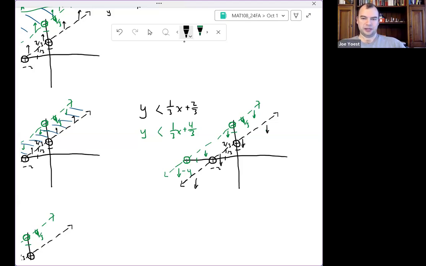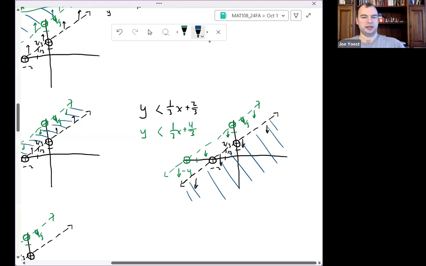Well, now it's the green line that's kind of irrelevant, and really the black line is providing the real restriction here. Any ordered pair that satisfies this black inequality automatically satisfies the green inequality. So our solution set is this whole bottom right area.